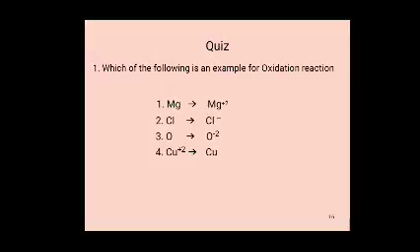O gives O-2, a decrease of charge from 0 to minus 2. Cu+2 to Cu is a decrease of charge from plus 2 to 0. So among these four options, the oxidation reaction is Mg gives Mg+2. Option 1 is correct.